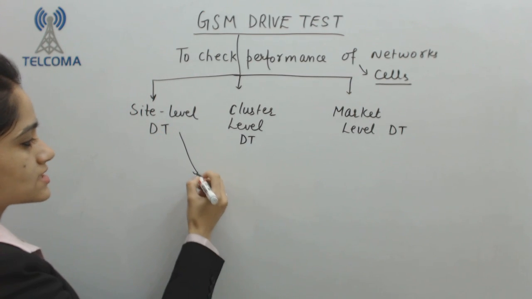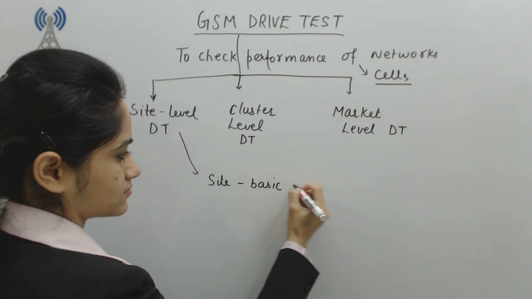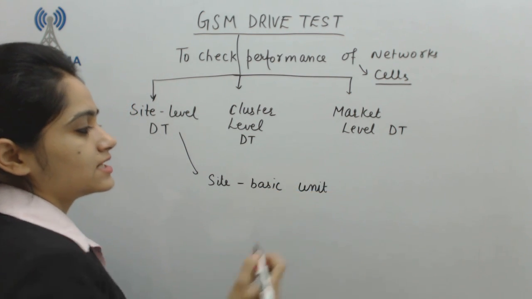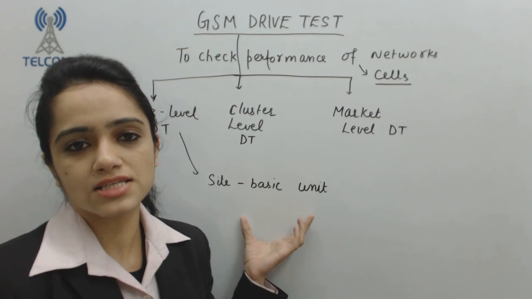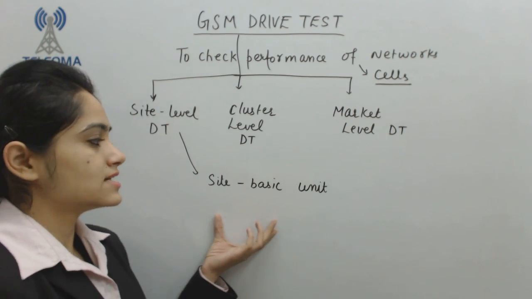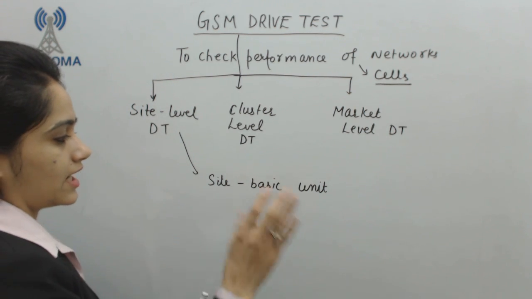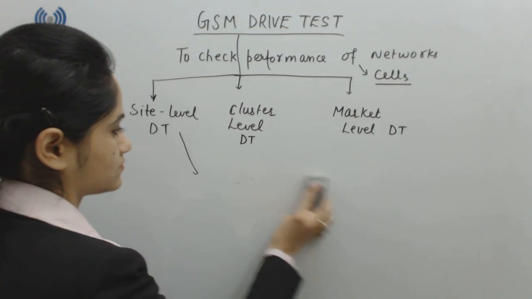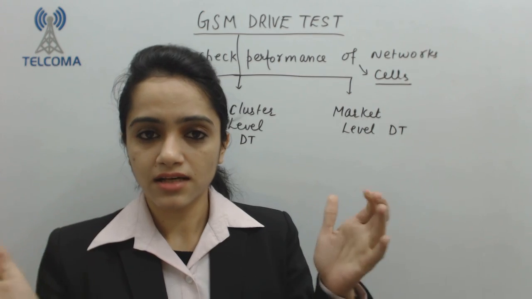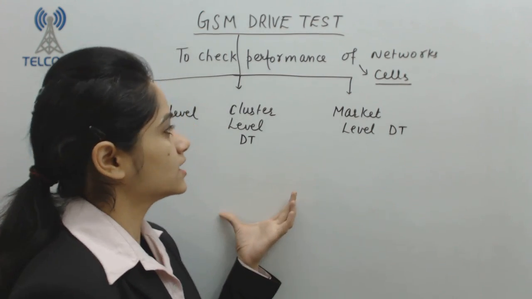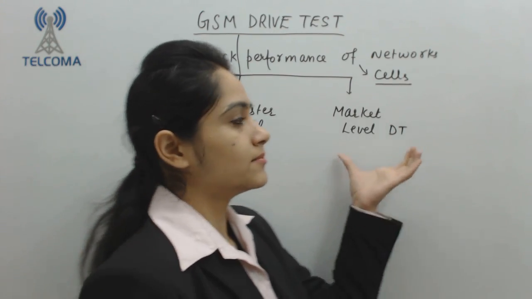A cell or a site is a basic unit, or I can say a fundamental unit, the smallest unit of a network. A group of cells combine together and form a cluster, and a number of clusters combine and form a market.